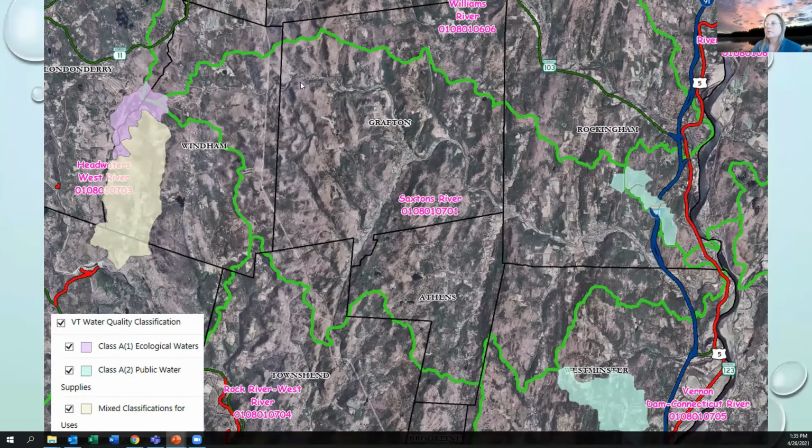This is 121 into Grafton. Okay, that's the corners there. Doesn't part of the Saxtons River follow 121 though? I was looking at a map earlier today. I thought one branch of the Saxtons almost parallels 121 into Grafton. Yeah, that's the upper end of the main stem, which is through here. This is the watershed line, the boundary of the whole watershed. Oh, okay, thank you.